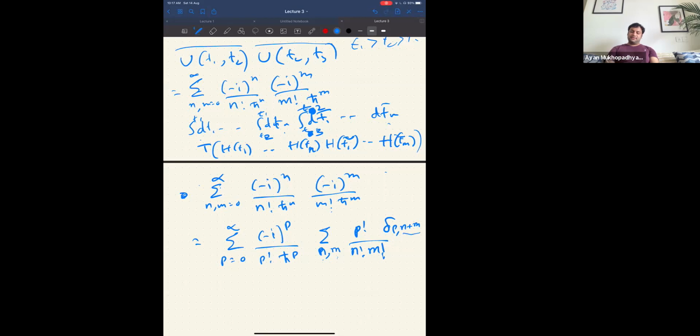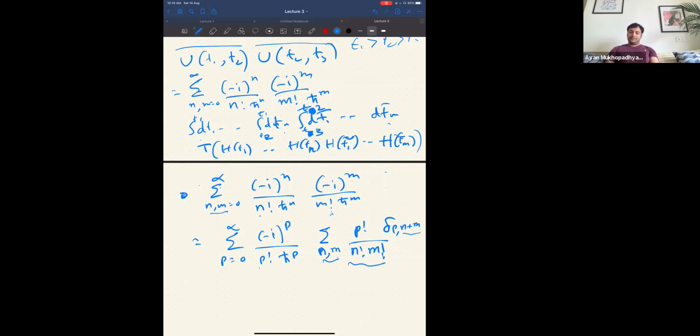We only remember that p is equal to n plus m will contribute. So now this factorial p will get cancelled, and I will end up with the same term. So I'm just rewriting this in this way. It's the same thing, but I'm first summing over n and m while keeping n plus m fixed, and then summing over p from 0 to infinity, right?